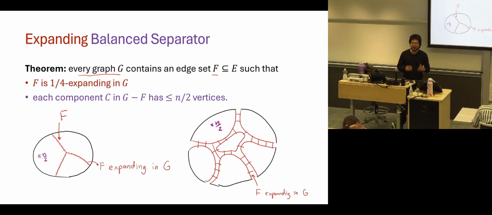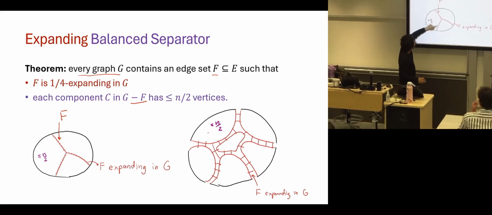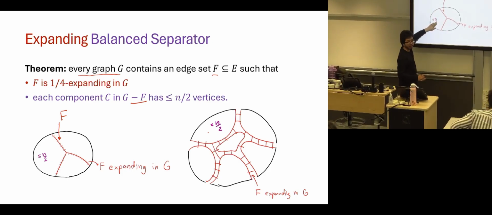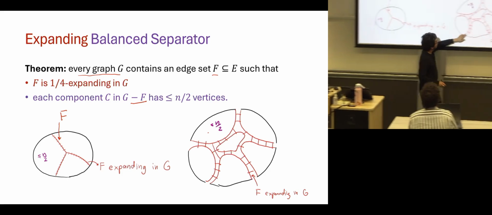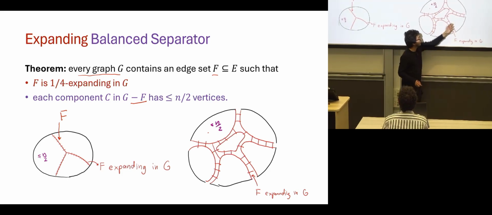And next is the balanced separator, as the name suggests. Meaning that once you delete F from the graph, the graph splits into small pieces. After you delete F, each component has size at most half.